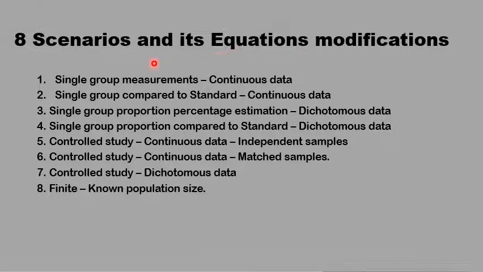This will include studies for a single group measurements with continuous data, single group compared to a standard, again with continuous data, single group estimating a certain proportion or a percentage with dichotomous data, a single group study with proportions compared to a standard, controlled studies where there is at least two different groups, continuous data, either with independent samples or matched samples, and controlled studies with dichotomous data, and finally, when we are dealing with studies in a finite or a known population rather than infinite population.